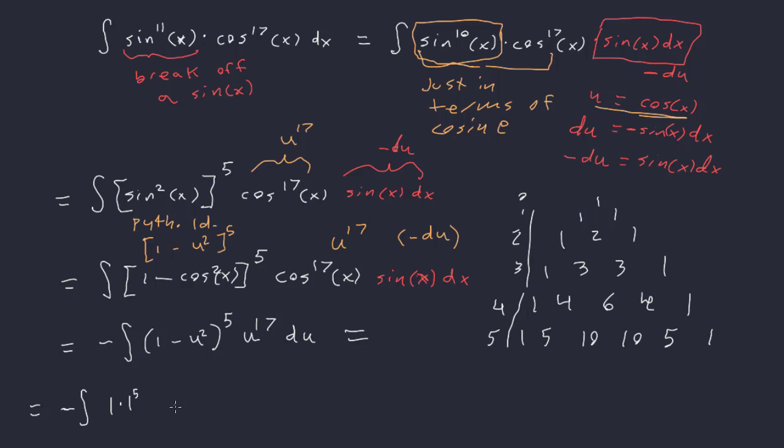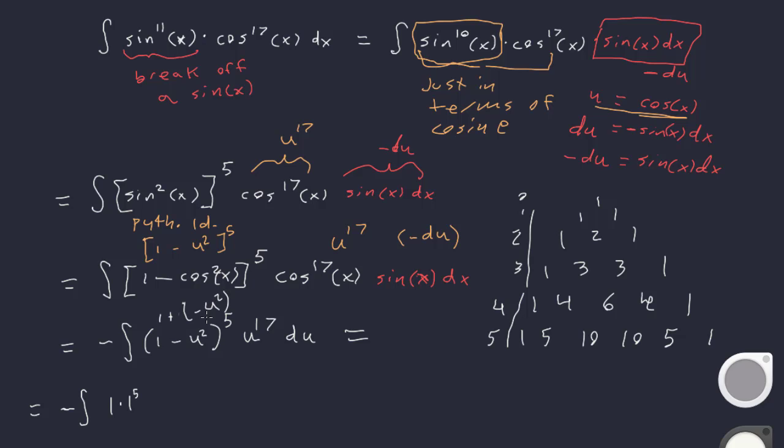Okay, then, now we have to be a little careful because we have to set this up as a 1 plus a negative u. What we have to be careful about is this minus sign. So think of it as 1 plus a negative u squared.